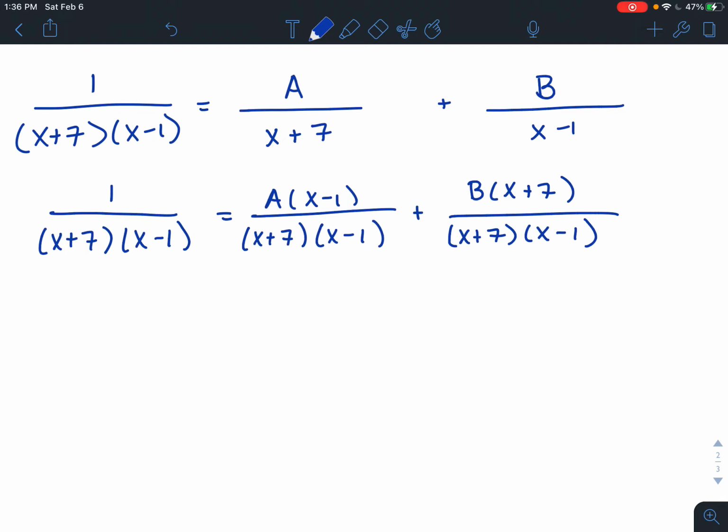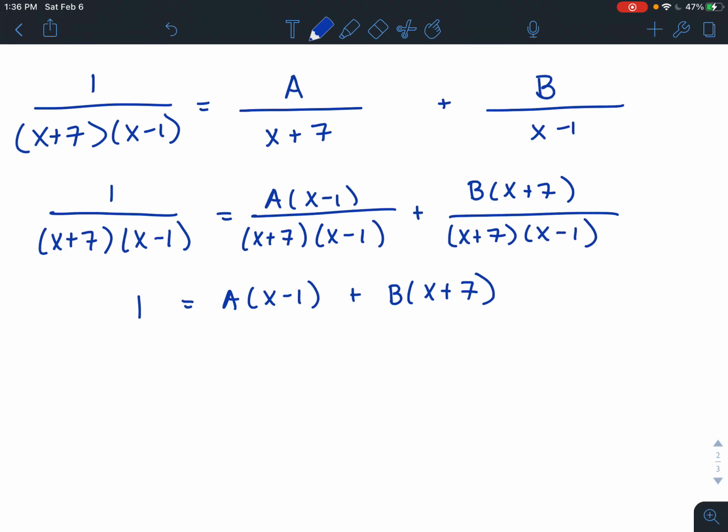Since the denominators are now all the same, I can ignore them, because they would cancel out if I multiplied both sides of my equation by x plus 7 and x minus 1. So I'm just going to write 1 is equal to A times x minus 1 plus B times x plus 7.